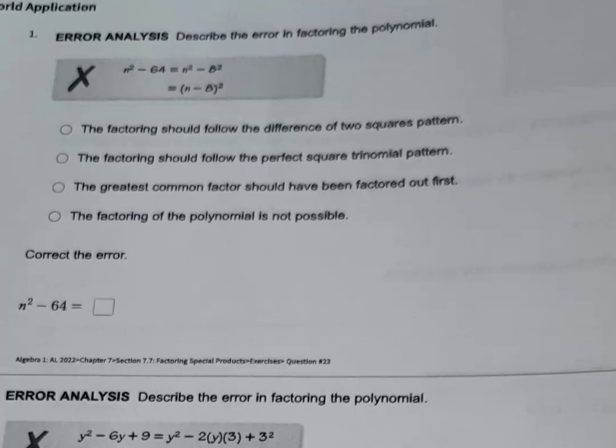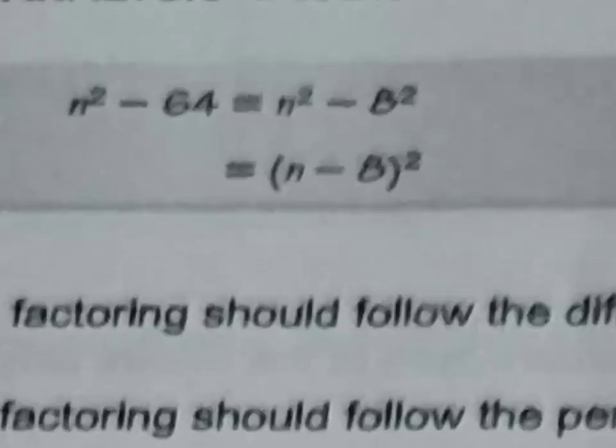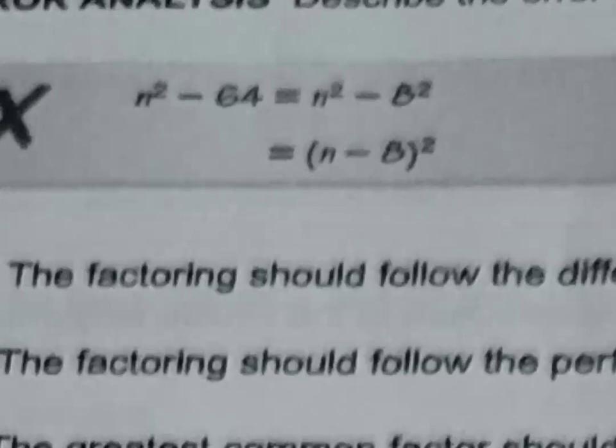Okay, so this question is saying to describe the error in factoring the polynomial. Let me make it bigger. So the person that did this has n squared minus 64 following n squared minus b squared.